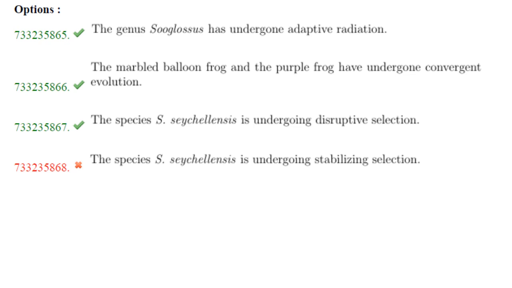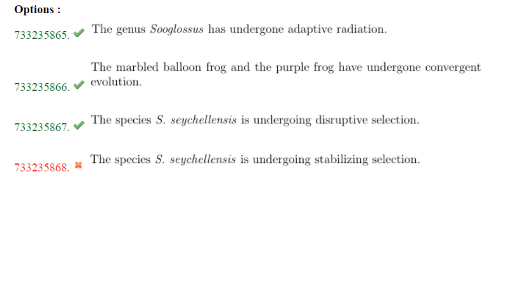The genus Zooglossus has various adaptive features. Some can live in burrows, some in leaf litter, some in fast-flowing streams, etc. So that is a type of adaptive radiation.